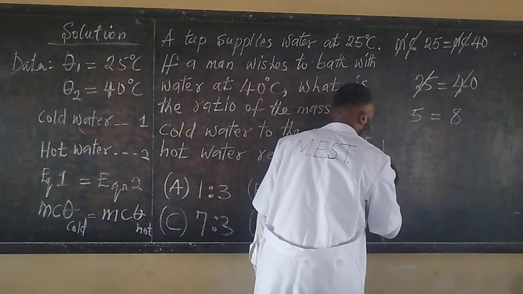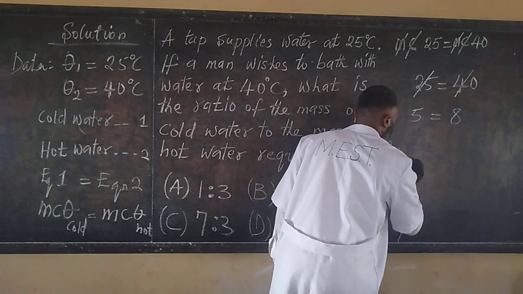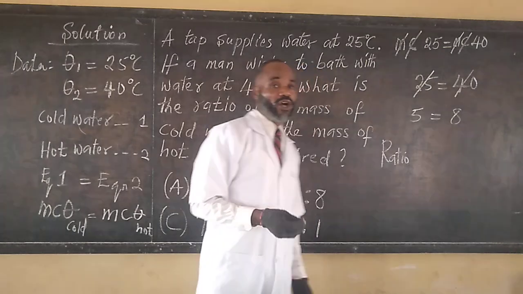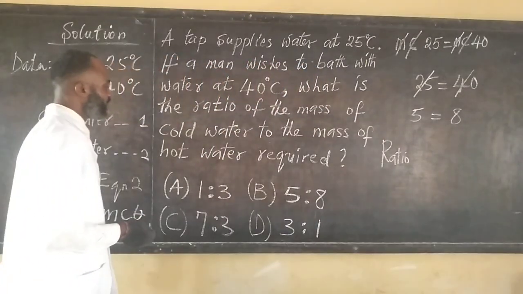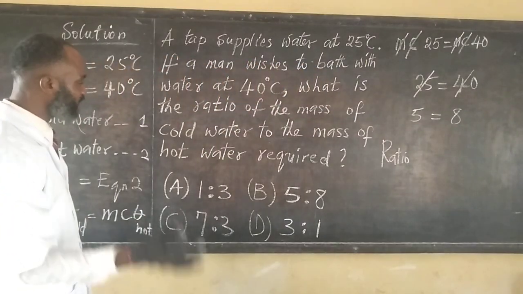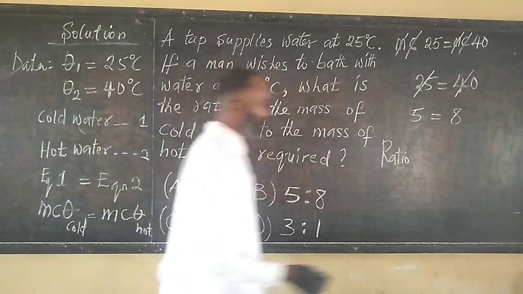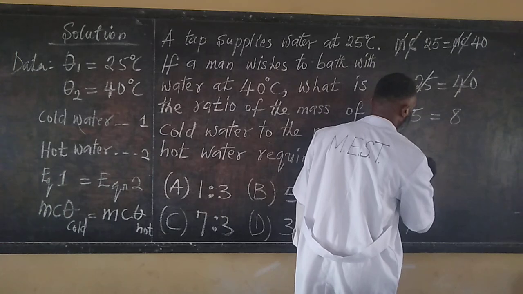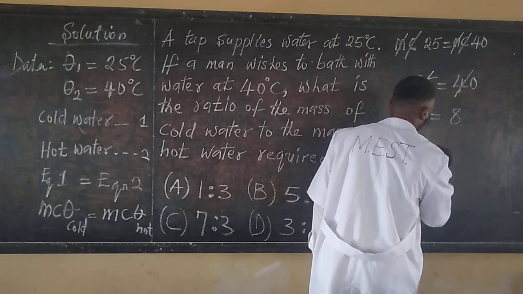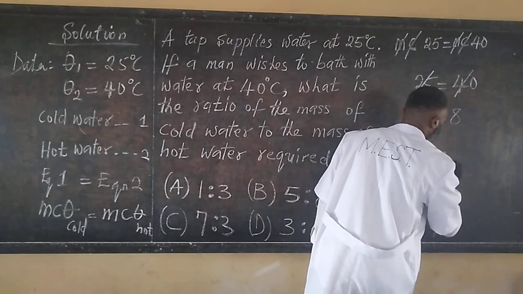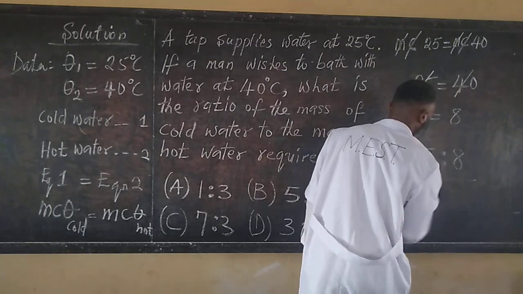Therefore, the ratio of the mass of cold water to the mass of hot water required is 5 to 8. Simple.